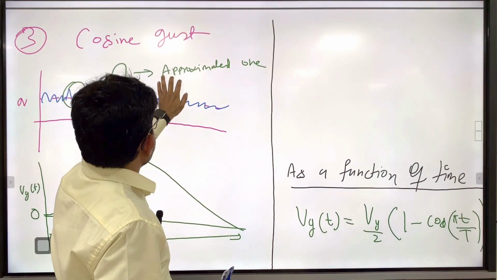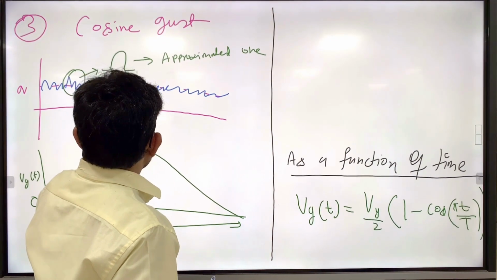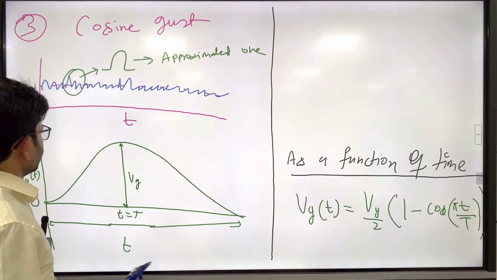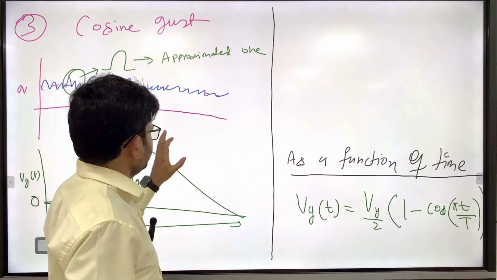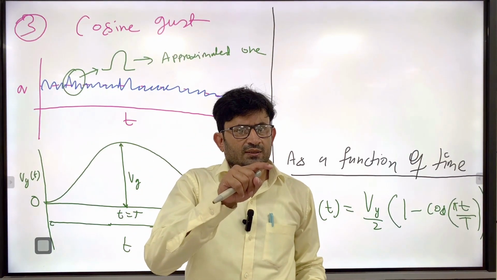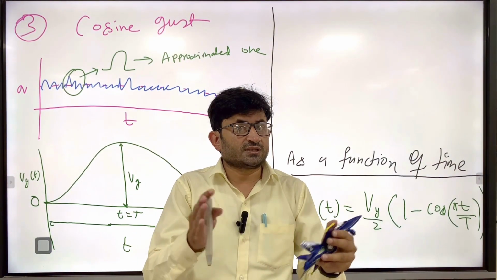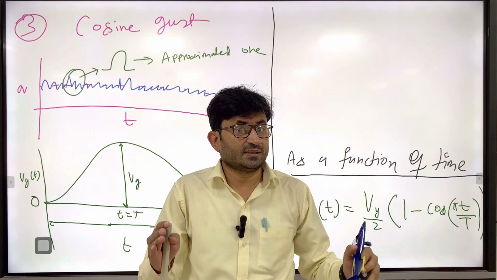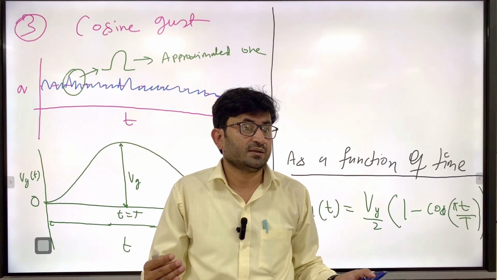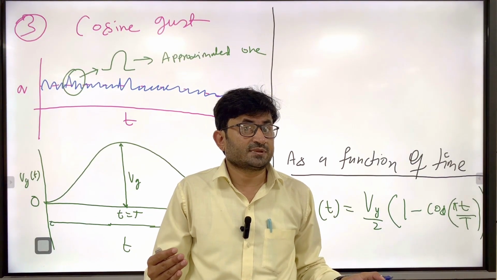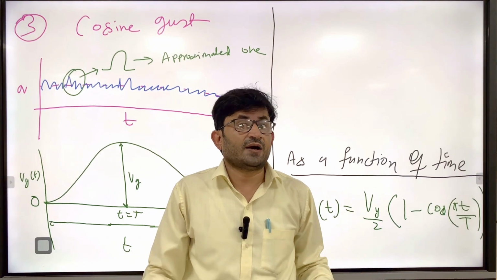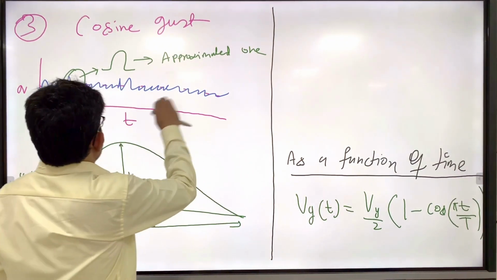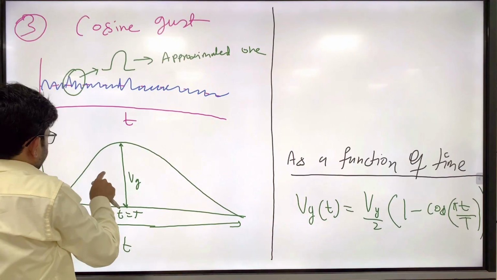And another type of gust is cosine gust. You can take Q as a pitch rate versus time. You might have experienced turbulence in a flight. Sometimes it may last just 1 minute 30 seconds, and sometimes it can last up to an hour. So it is continuous in nature, but we approximate it in a discrete fashion.